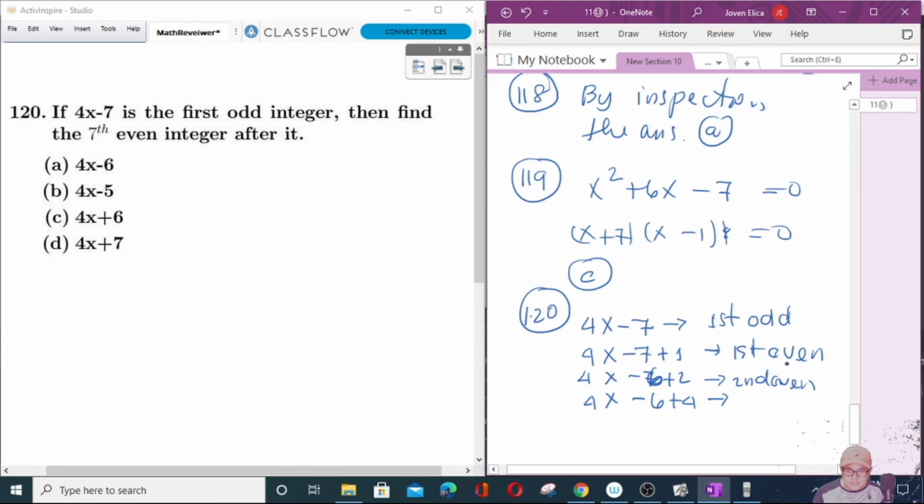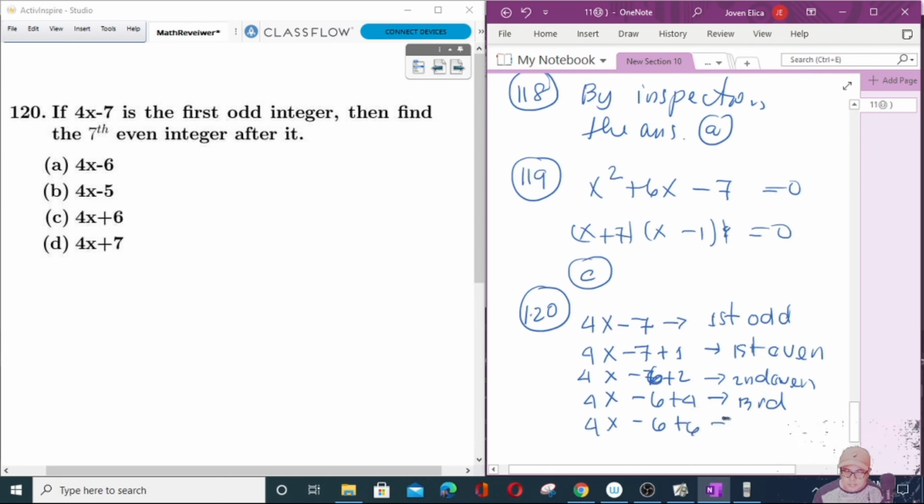So since this is the first even, the next even is 6 plus 2, which is 8, and then 6 plus 3 is not possible, so 6 plus 4 is the third. And then 4x minus 6 plus 6. This is the fourth even.